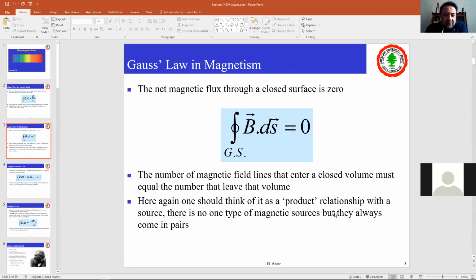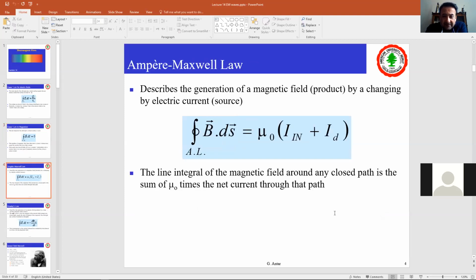We have seen Gauss's law for magnetism, and that this reflects the lack of monopoles. Consequently, for any arbitrary closed surface that we choose, the field lines going outside this surface are exactly the field lines going inside the surface.